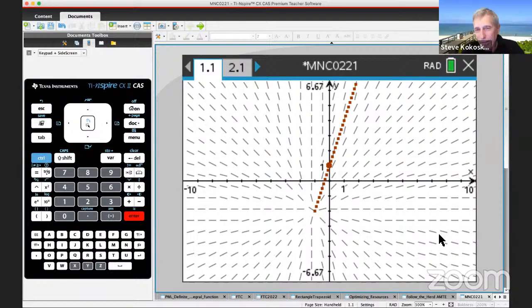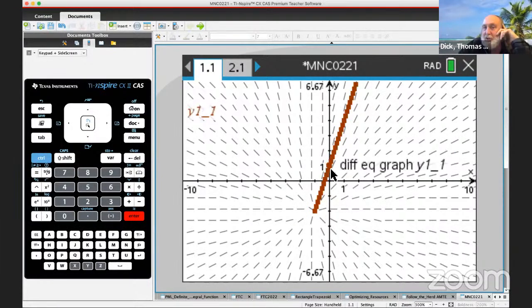Pretty cool. Yes, it's very cool. And I was actually a little bit surprised. When you're doing Euler's method by hand, you tend to move just one direction forward from the initial condition. But here, with my initial condition 0, 1, it actually drew this both forwards and backwards.